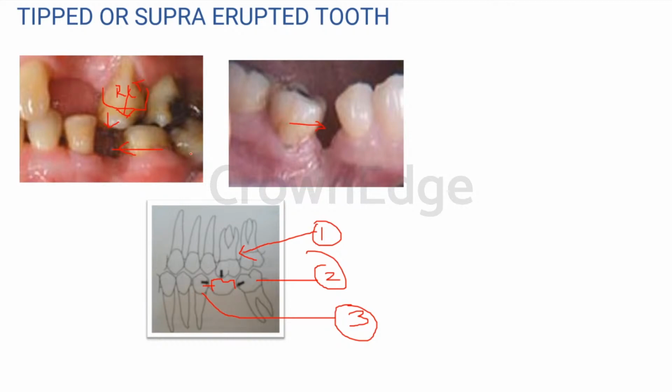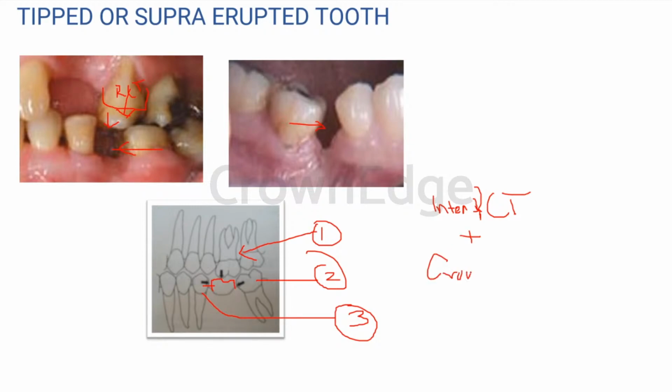But how do we deal with supra-erupted teeth? We have to do an intentional root canal and follow it up with a crown. So intentional RCT is compulsory. Come what may, you have to do an intentional RCT and follow it up with a crown.